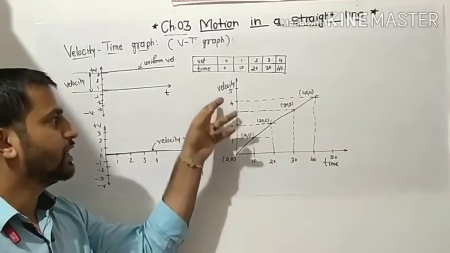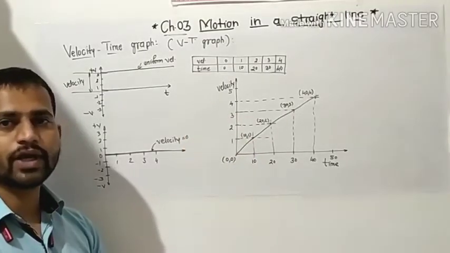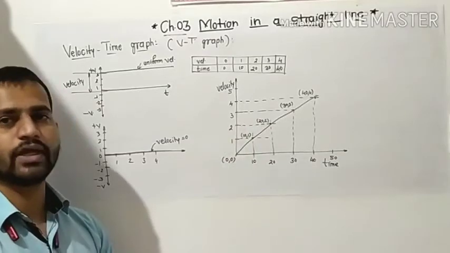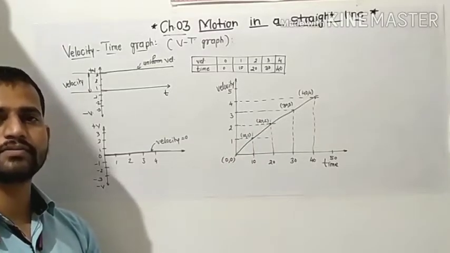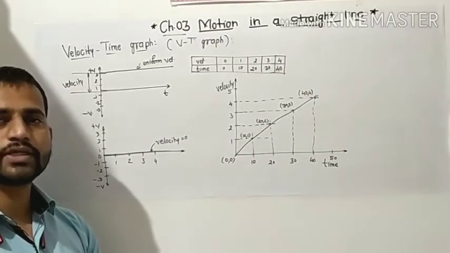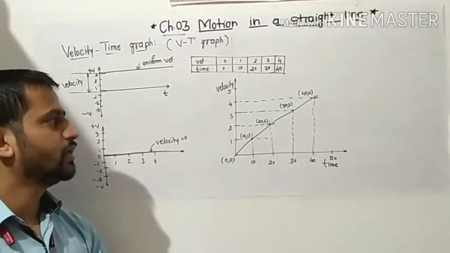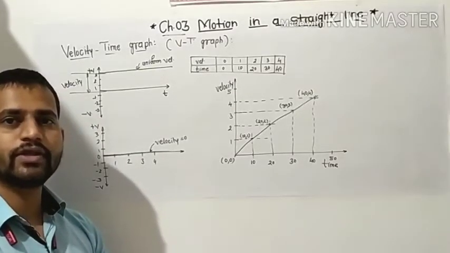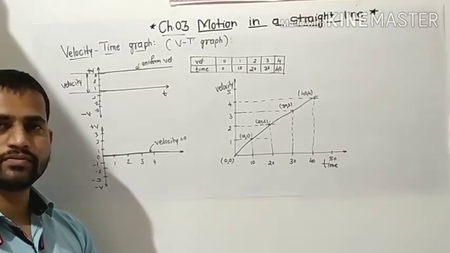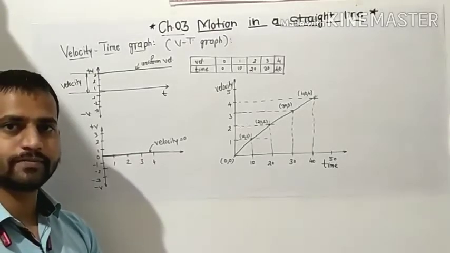So if in a VT curve we get a straight line, then what can we say?